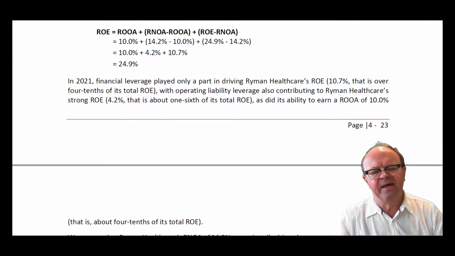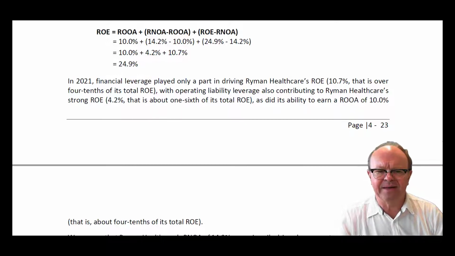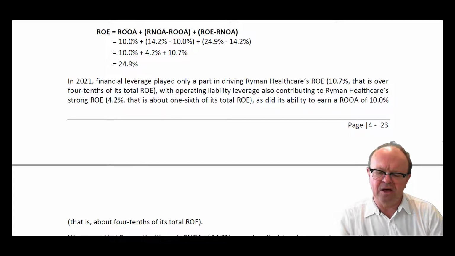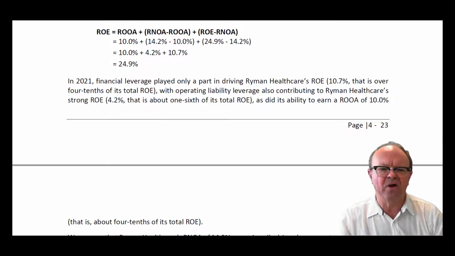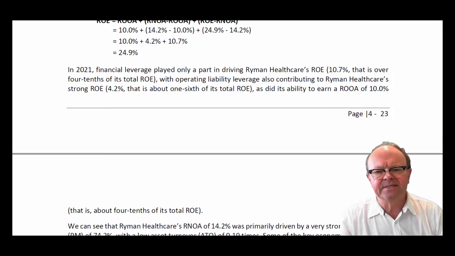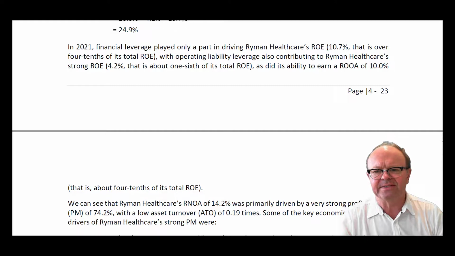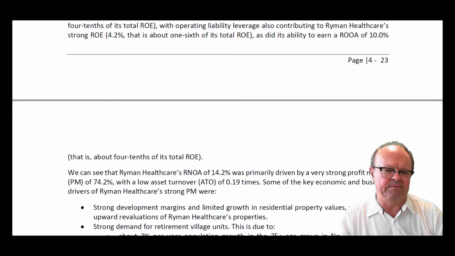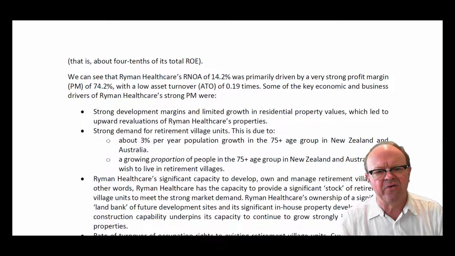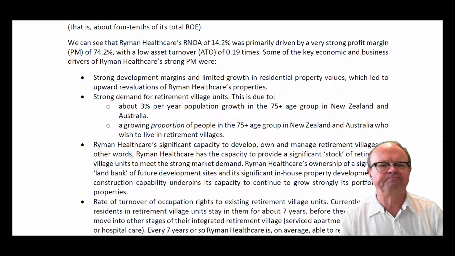In 2021, financial leverage played only a part in driving Ryman Healthcare's return on equity, 10.7%, that is over 4/10 of its total return on equity, with operating liability leverage also contributing to Ryman Healthcare's strong return on equity, 4.2%, that is about 1/6 of its total return on equity, as did its ability to earn a return on operating assets of 10.0%, that is about 4/10 of its total return on equity.